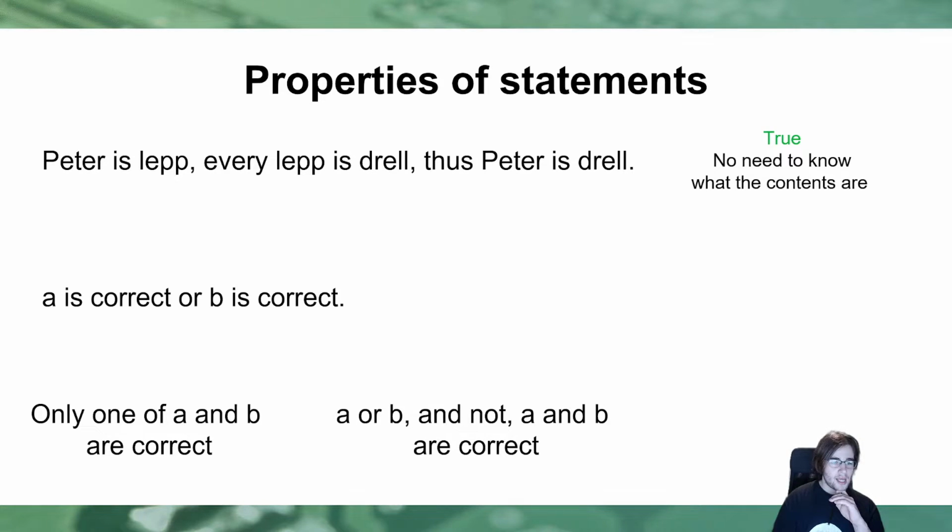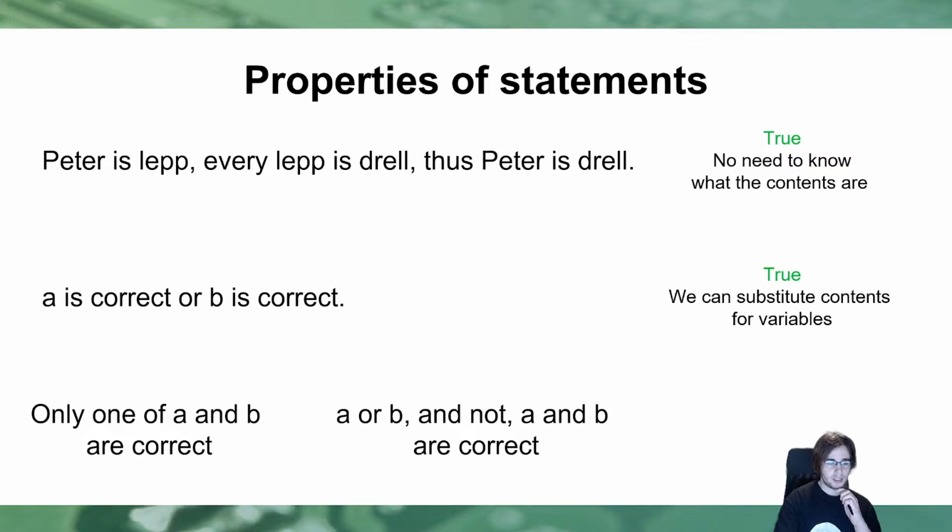We can also say: A is correct or B is correct. This is also a statement. We can substitute those things with variables or other placeholders, because we don't need to know what it is in the first place, so we don't need to give it a specific name.